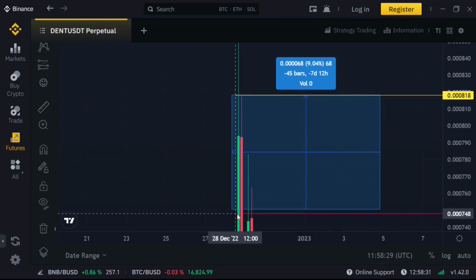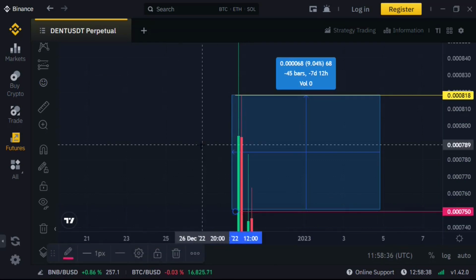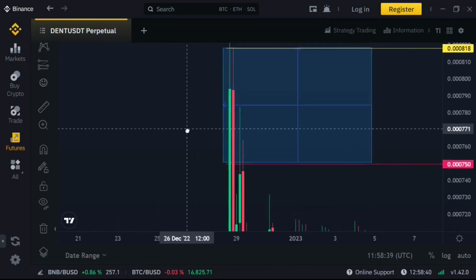And then use the red horizontal line to indicate your stop loss price, which is 0.000750 cent.